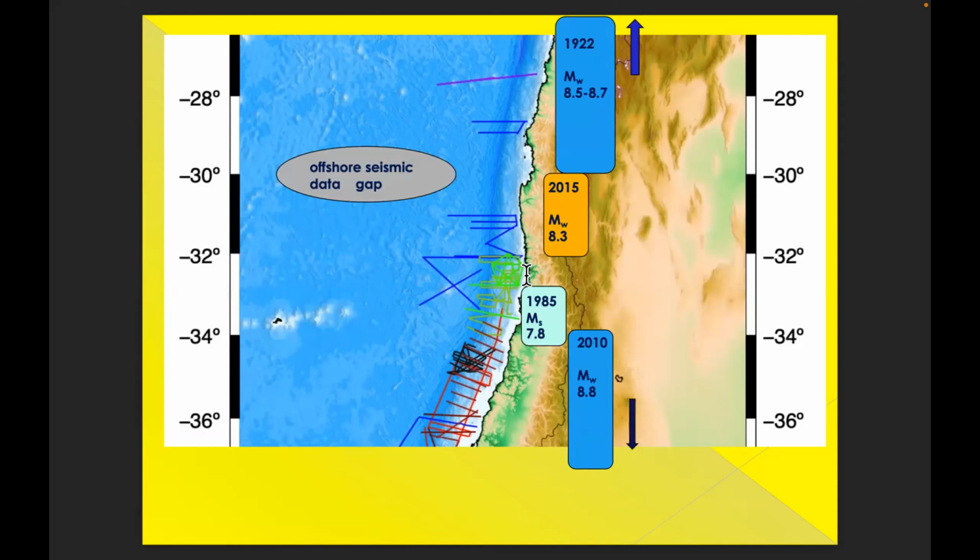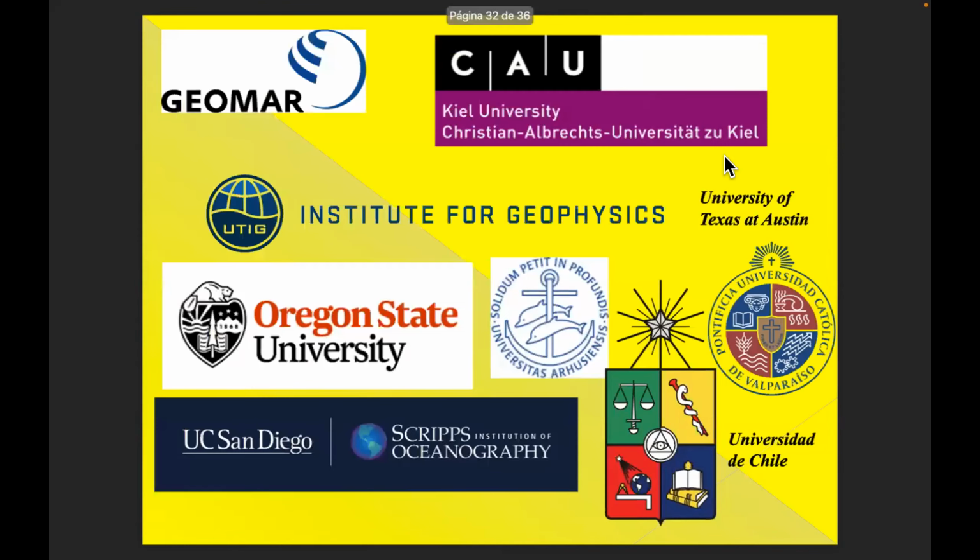And well, in 2010, we have these many lines acquired by Lancet and by the Chilean oil company in this area already. The Juan Fernandez Ridge, which is here, the collision, well, we have to discuss if we should revisit it again.